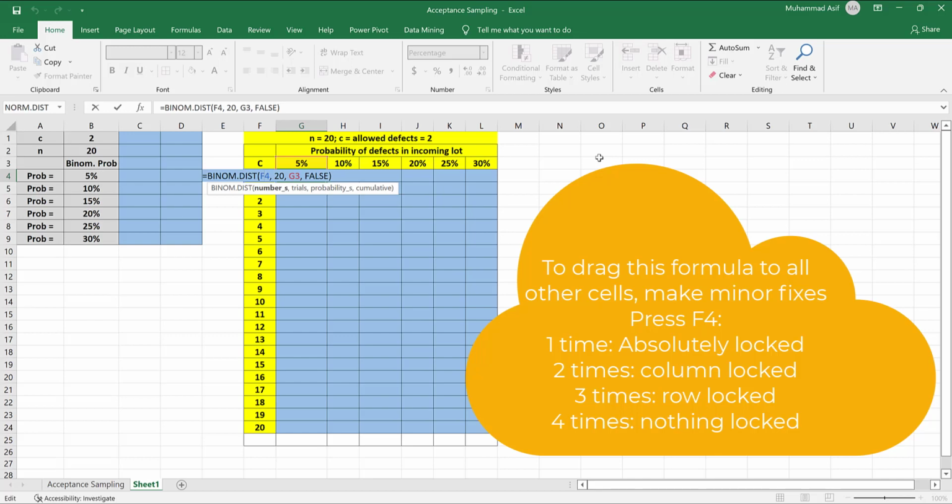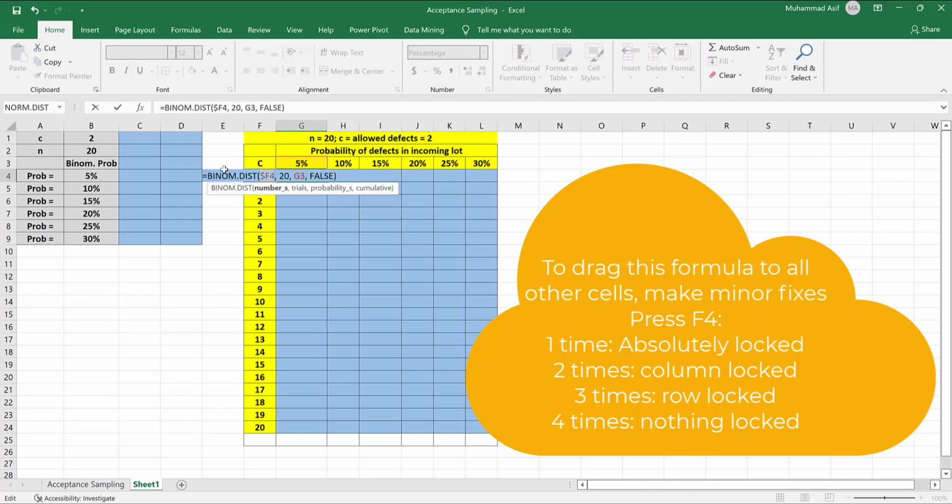If I press it one time, then it's totally locked. If I press it a second time, then the dollar sign appears in the middle, which means it's locked for the column. That's not what I want. Then I will press it a third time, then the dollar sign comes up front, which means it's locked for the row. That's what I want.